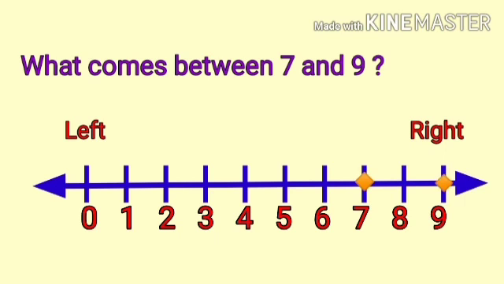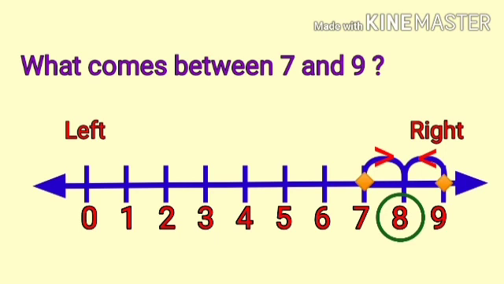After marking these two numbers on the number line, it is clear that the number that comes between 7 and 9 is 8, because the number that comes just after 7 is 8 and the number that comes just before 9 is also 8.